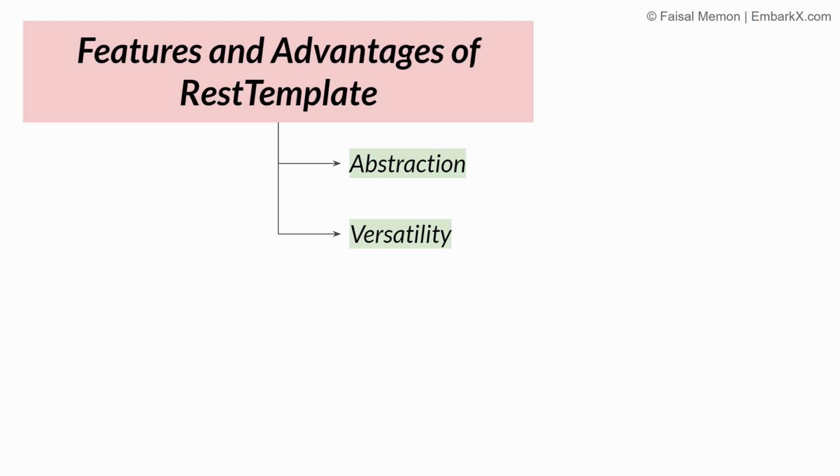REST template can handle HTTP methods like get, post, put, delete, and so on. The next benefit or feature could be conversion. REST template can automatically convert the responses into desired data types. For instance, you can receive the response as string, JSON, or even XML, or even directly as a Java object. So this is one benefit. It reduces a lot of complexity and a lot of repeated stuff that you need to do.